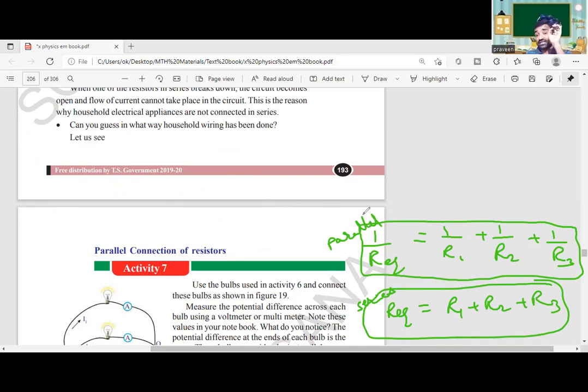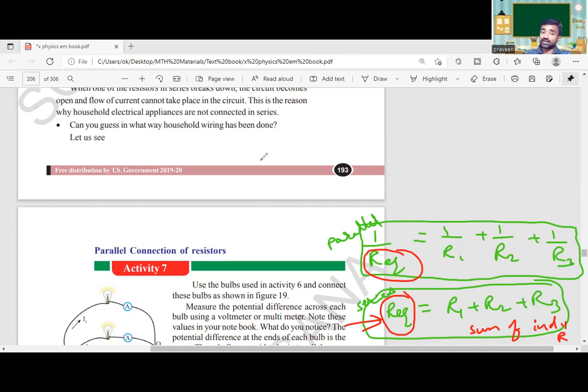Equivalent resistance in series combination is given as the sum of the individual resistances. What about in parallel combination? The equivalent resistance is written in the denominator, so reciprocal.